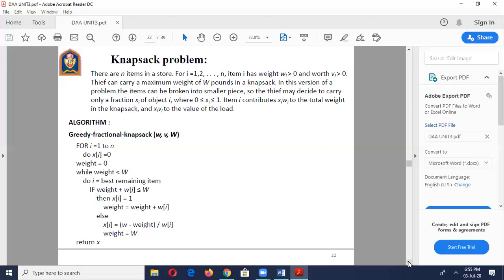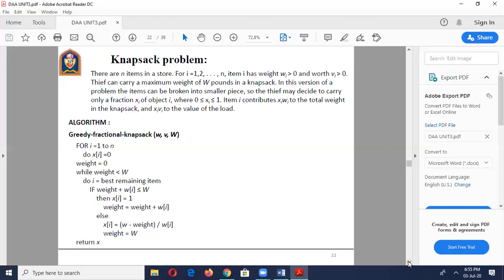So we are writing the algorithm for the knapsack problem. Greedy fractional knapsack with small w, small v and capital W. For i equal to 1 to n, we use a for loop and do: x of i is equal to 0, and the weight is 0.